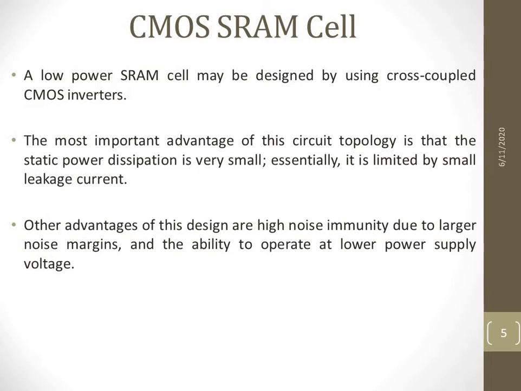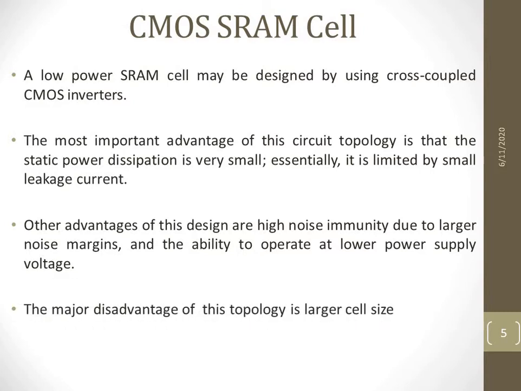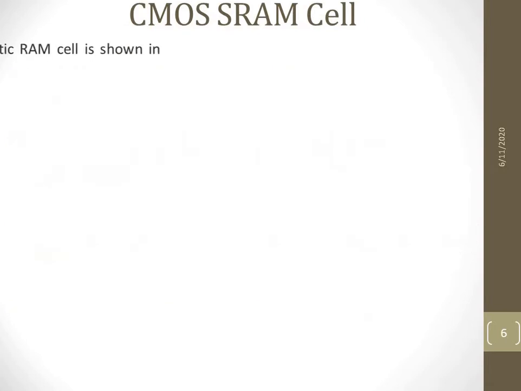Other advantages of this design are high noise immunity due to larger noise margins and the ability to operate at low power supply. These advantages are because of CMOS inverters. The inverters which are shown as a latch in the previous diagram are made up of CMOS circuitry. The major disadvantage of this topology is only the larger cell size.